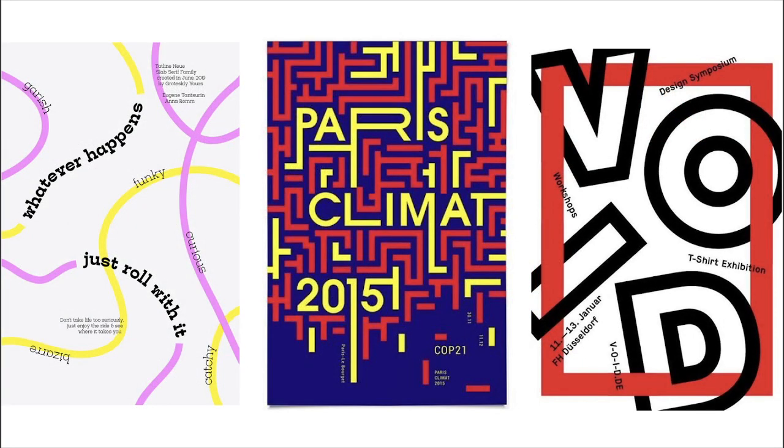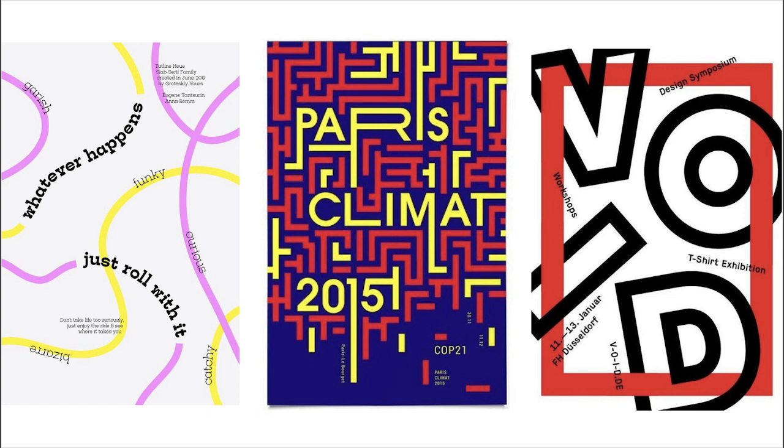Here are three examples of how type can be used in design. In the first example on the left, you can see how the typography has been done in curves. Whatever happens, just roll with it. The text has been placed thick and bold, whereas thin and funky, catchy, and bizarre.